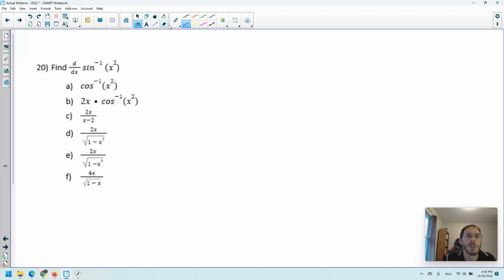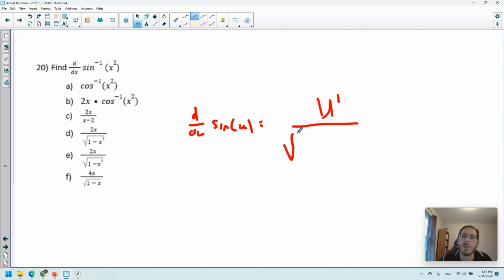For 20, find the derivative of inverse sine of x squared. Again, this is another one of those inverse trig derivatives. So the derivative of inverse sine of u, d/dx of inverse sine of u, is u prime over the square root of 1 minus u squared.